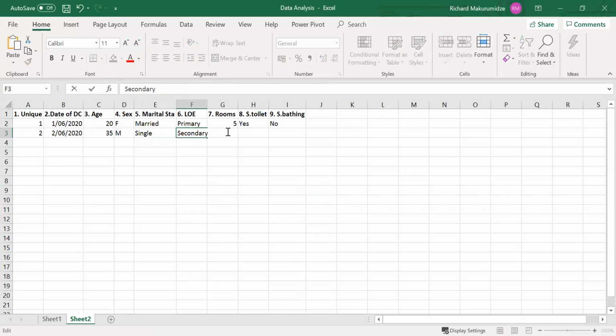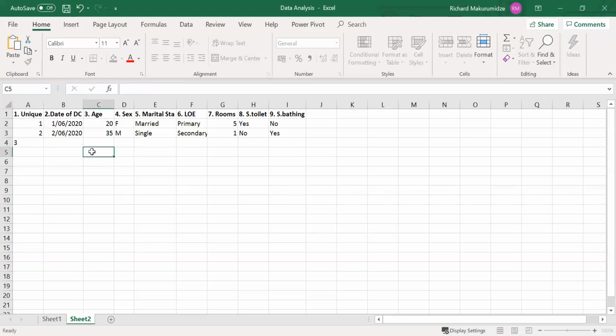Then the number of rooms, maybe there were 6 in the room. Then number in the room, maybe 1 in the room. Sharing toilet, no, they were not sharing. Bathing, yes, they were sharing. Then I get on to the next questionnaire.